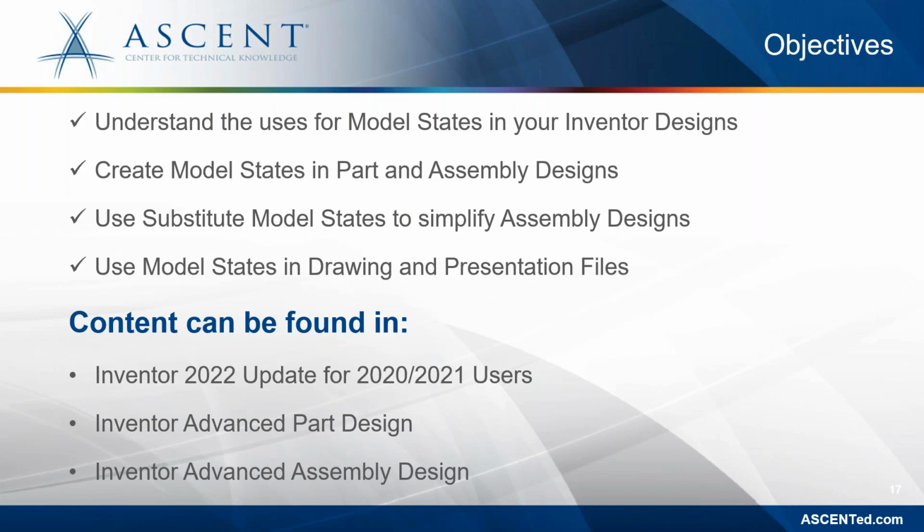So I briefly mentioned throughout that the content has been updated in our Ascent training material. So this year we released an Inventor 2022 update class. It was focused on a 2-year span, so 2020 and 2021, but model states took up a good portion of that class. So there's a whole chapter dedicated to that. It's got both parts and assemblies together in that one section. So, if you want to learn that, that might be the best training guide to look at.